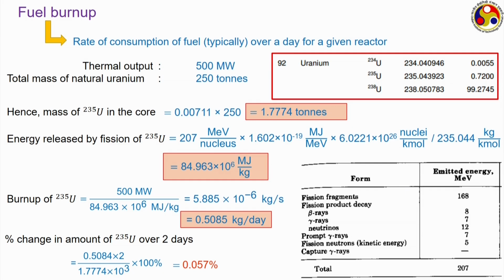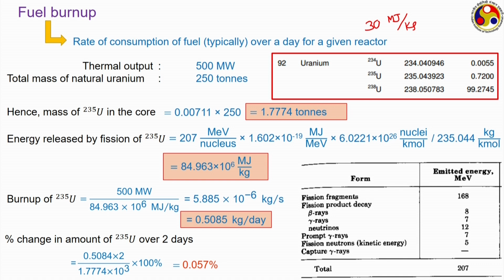In the very good quality bituminous coal that we use nowadays, the typical calorific value is of the order of 30 megajoule per kg. This is a high grade coal, and if we use it to get a similar thermal power output, how much fuel do we have to supply?